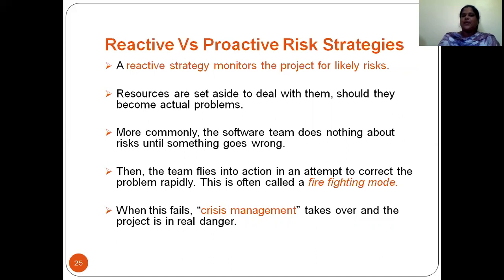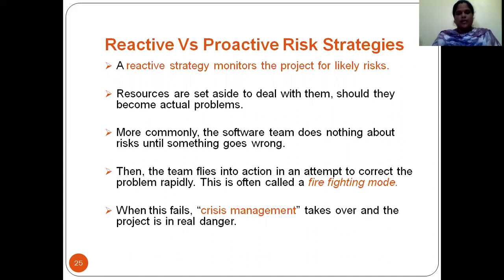So what is reactive risk? So what is proactive risk? We will discuss it. A reactive strategy monitors the project for likely risks, and resources are set aside to deal with them should they become actual problems. Whatever problems you are facing may actually occur when you are building software. More commonly, the software team does nothing about risk until something goes wrong.